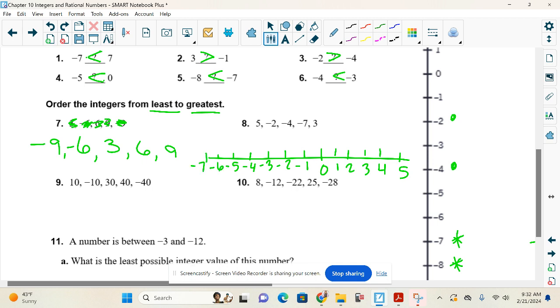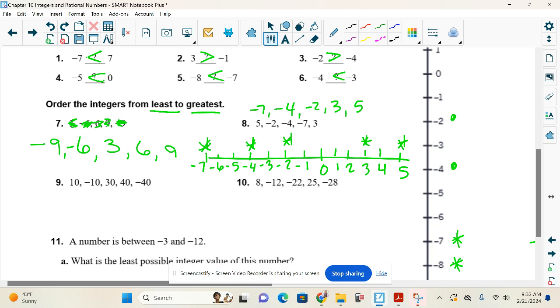And I could come over here and I could graph 5, -2, -4, -7, and 3, and then it's already in order for me. Which one's my smallest? So -7, then -4, then -2, then 3, then 5.